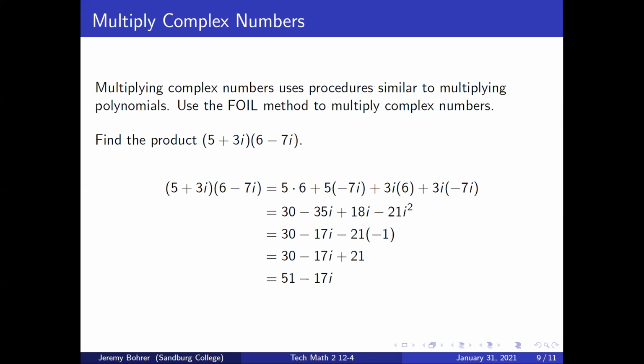That's 30 minus 35i plus 18i minus 21i squared, which is 30 minus 17i minus 21 times negative 1, which is 30 minus 17i plus 21, which is 51 minus 17i.